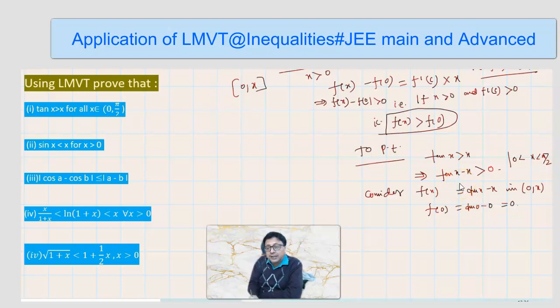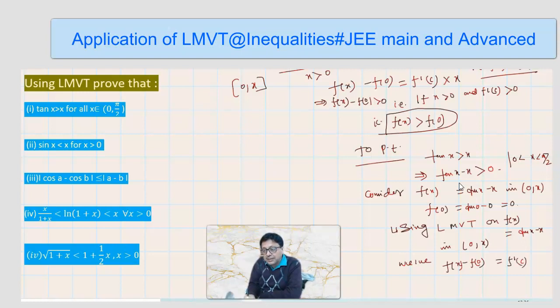So here, by using LMVT on f(x) equal to tan x minus x in the interval 0 to x, we have f(x) minus f(0) equal to f dash c into x, where there exists a point c.